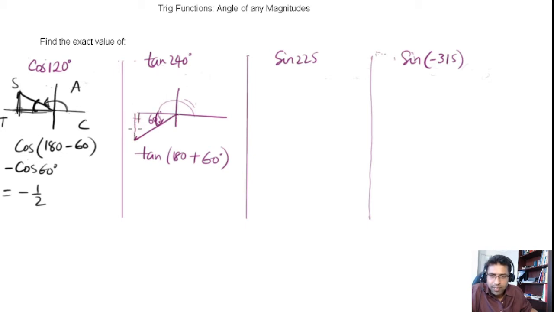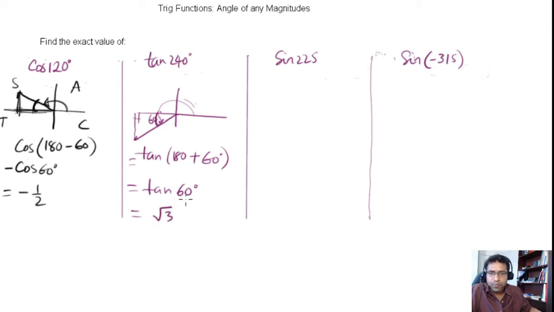If you make a right angle triangle here, tan of 180 plus theta is tan theta. Now you know that in the third quadrant tan is positive, because of All Students Take Chemistry, as we know from the first drawing. So it is basically tan 60, positive value. And what is tan 60?